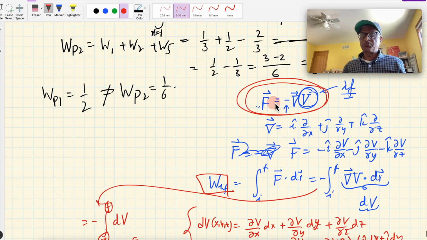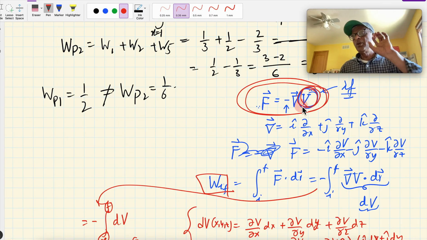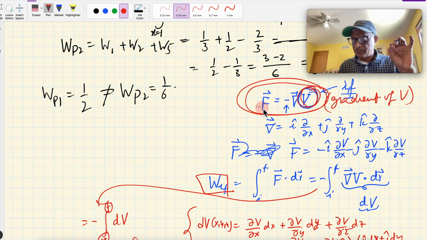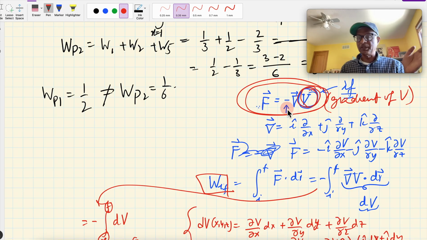That is a very fundamental reason, and that has to do with the force. Actually, there is a potential, a function, this is called potential. I can find a function V whose gradient, so this is called the gradient of V, is the force itself. In that case, it will be independent of path. If I can't find something like that, if no function exists whose gradient will be F, then in that case you will have path dependence.